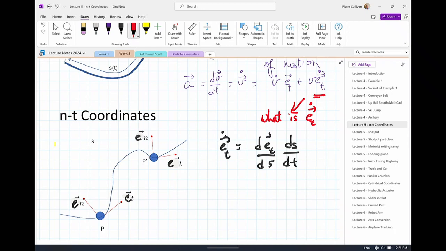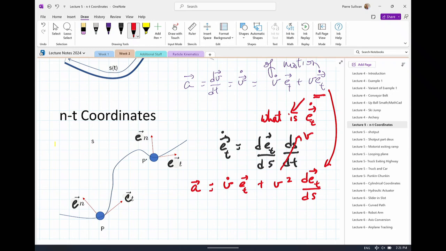So if I go back to my expression, and substitute for E dot t with this expression, I end up with ds dt, which I should write out as v, v times dE dt ds.